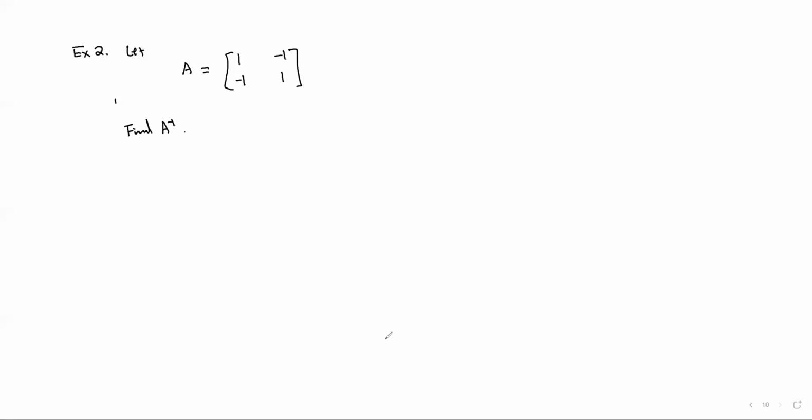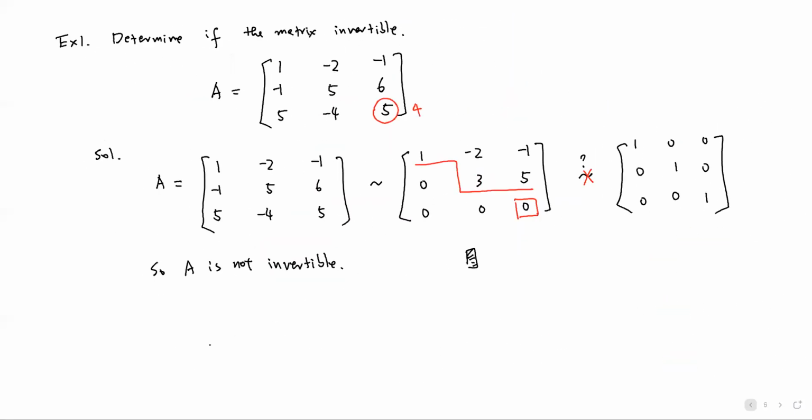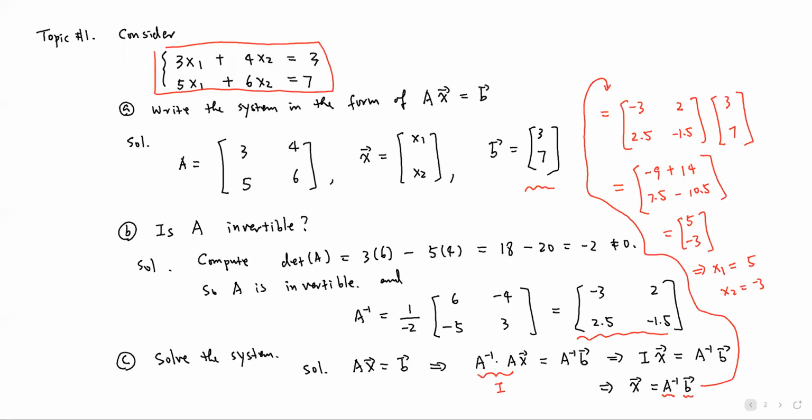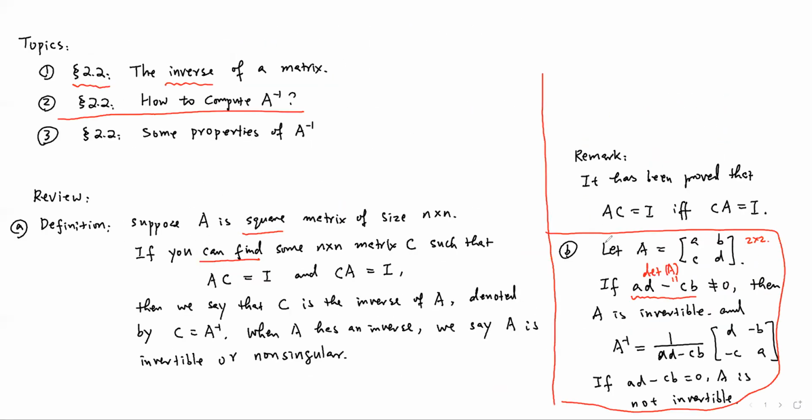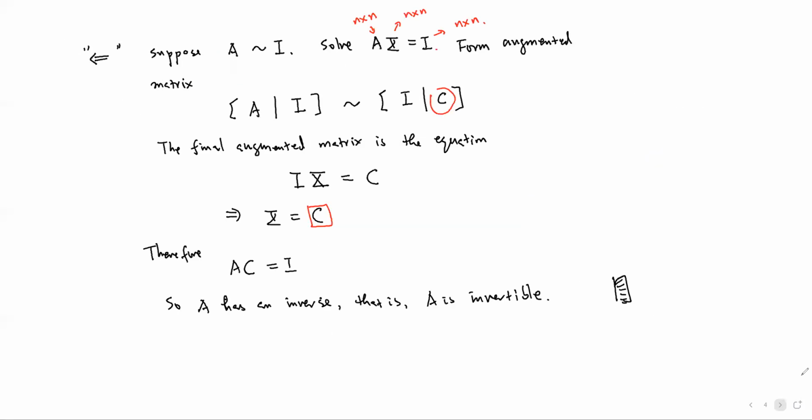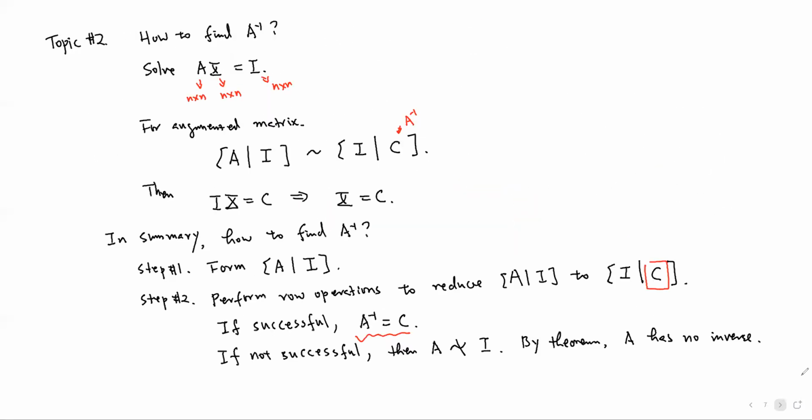Because this is a 2 by 2 matrix, we can use the theorem here to find the inverse. And also, of course, we can use these 2 steps to find the inverse.